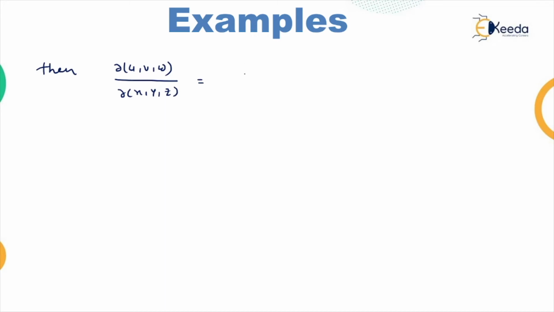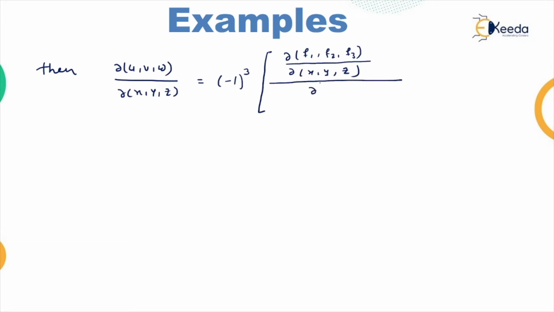Both are mapped with some function. There are three variables, that's why this is (-1) raised to the cube. And inside the bracket you should write ∂(f1,f2,f3)/∂(x,y,z) divided by ∂(f1,f2,f3)/∂(u,v,w), that is, numerator upon denominator here, guys, numerator upon denominator.